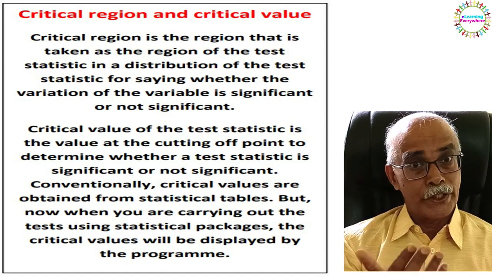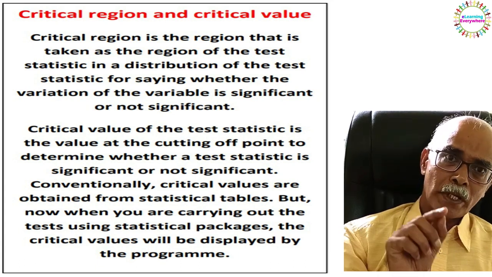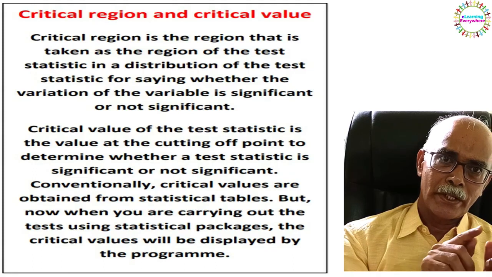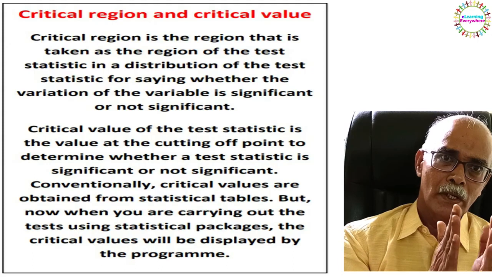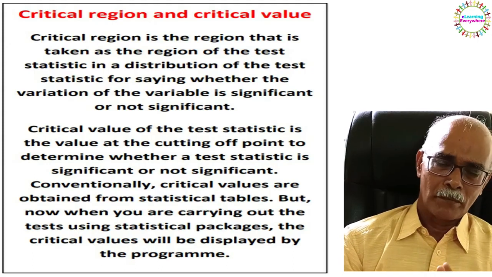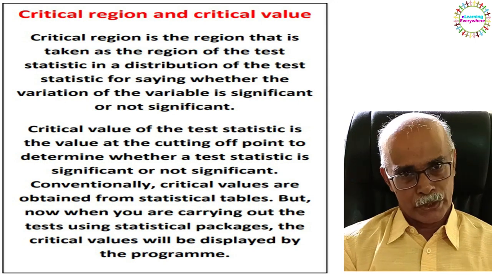So there are t tables, chi-square tables, F tables, etc. And in those tables, you will get the different values of t or chi-square, for example, at different probabilities.